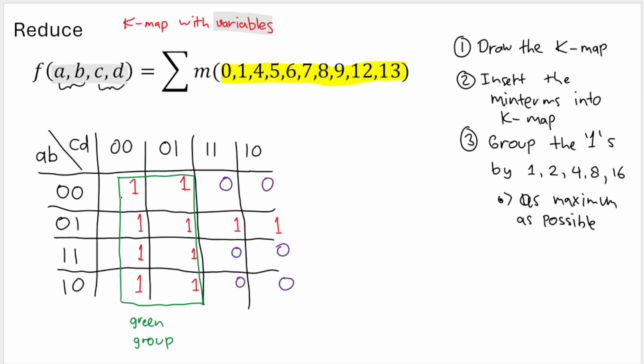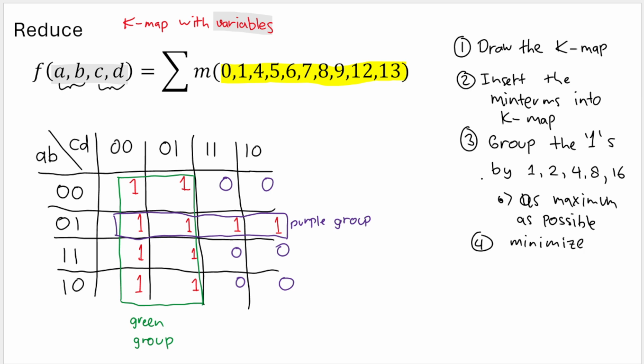So we can do this by grouping all these ones here. And that will be no problem there. Right? So we have two groups here. Let's call this purple group. And then the last step that we need to do is to minimize, right?